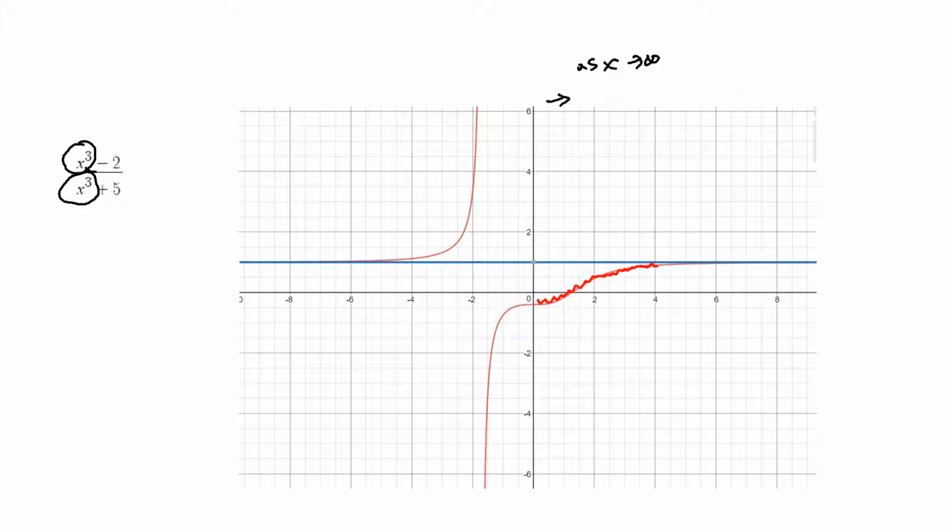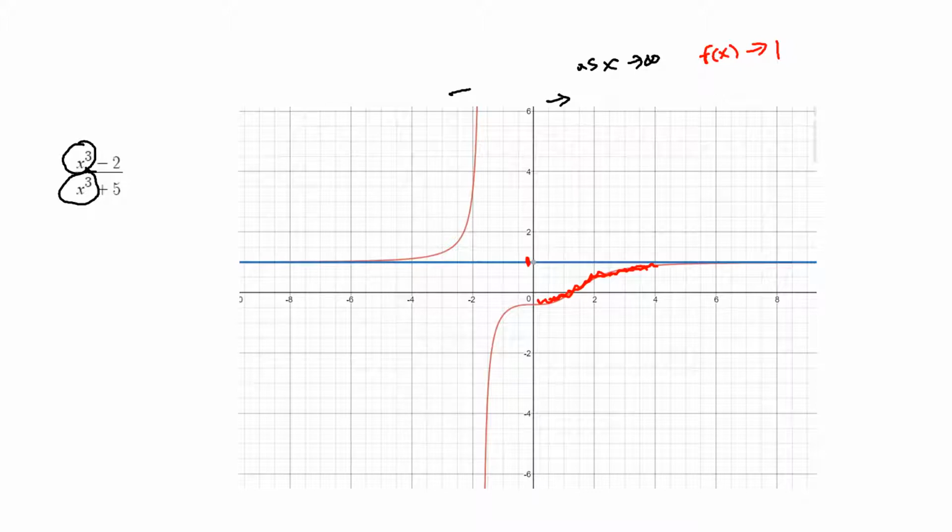Even though it looks like it's on the line, if we zoomed in a little bit more, we would see that it's just getting very, very close to that line. So our function value is getting very, very close to 1. Notice that this is 1 right here. So we're getting very close to 1 as we go towards the right.